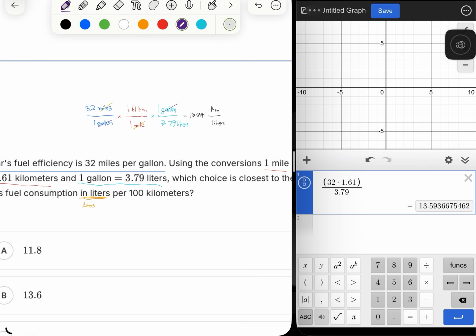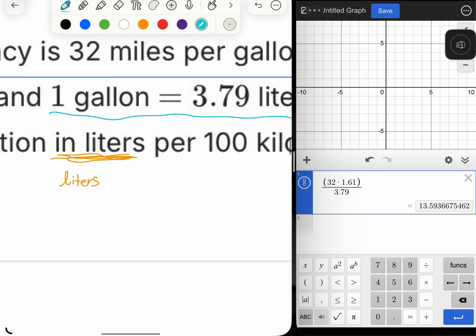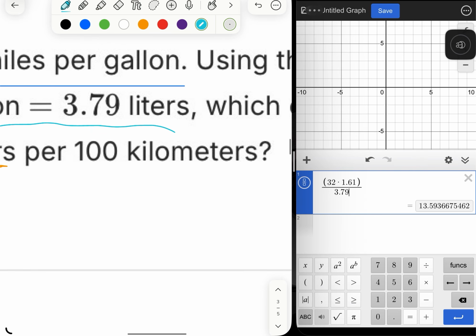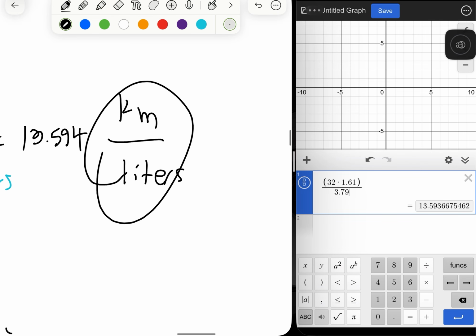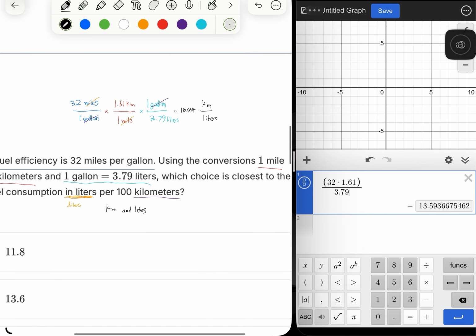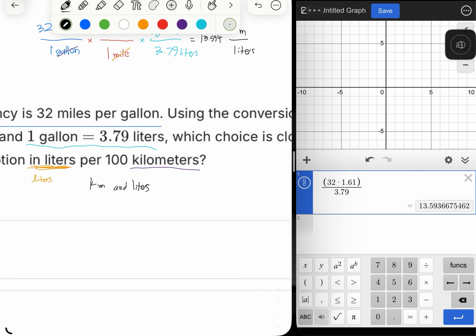And before I move on, another way to check what unit you want in the end is to look at what they give us. They tell us that we're looking for liters per 100 kilometers. So you know that you're looking for kilometers and liters. So if you get kilometers and liters as a unit when you multiply everything out, then you know that you're on the right path.